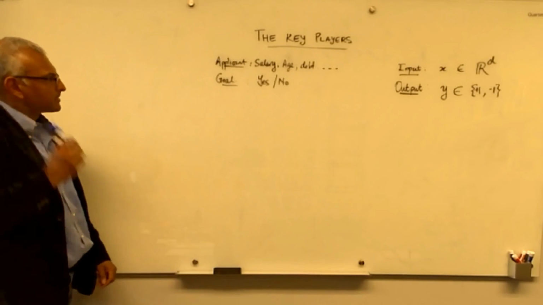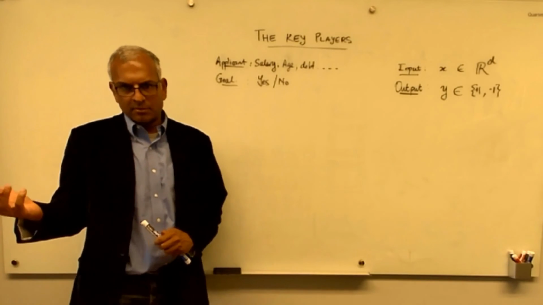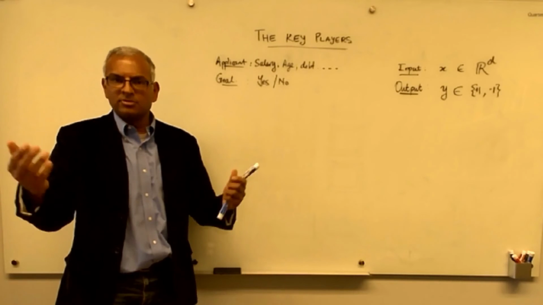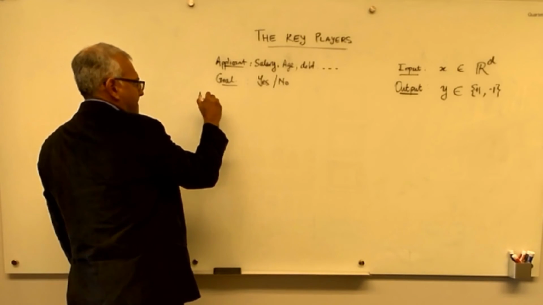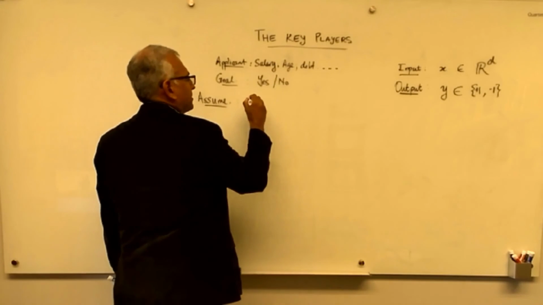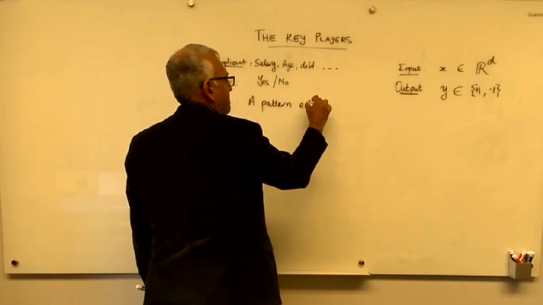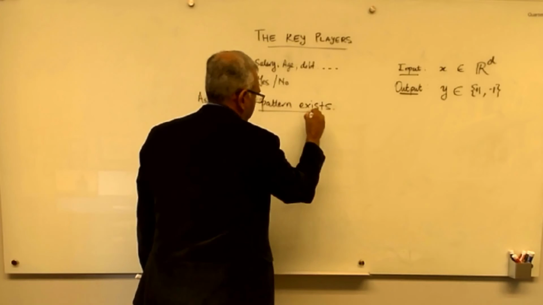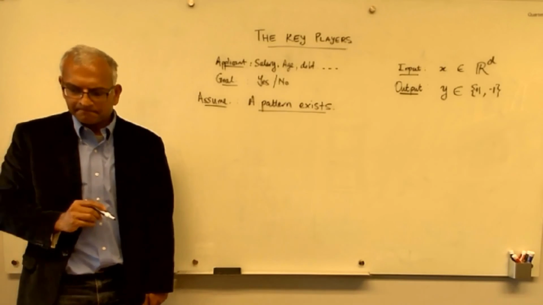Now, remember that if we're going to attempt to do machine learning, we assume there's a relationship, a pattern exists. That's the first non-trivial assumption.